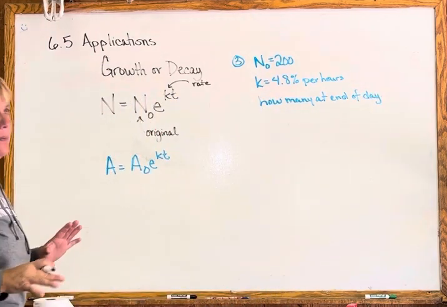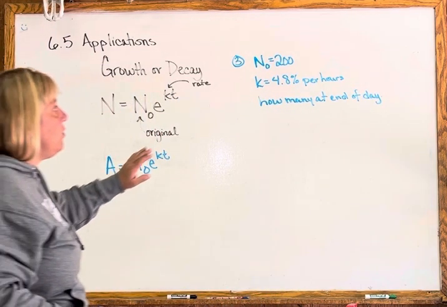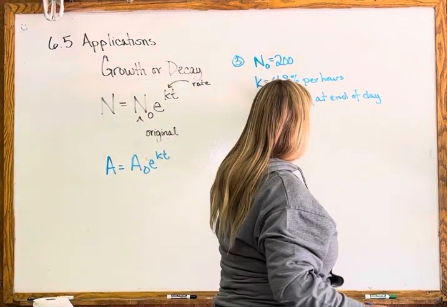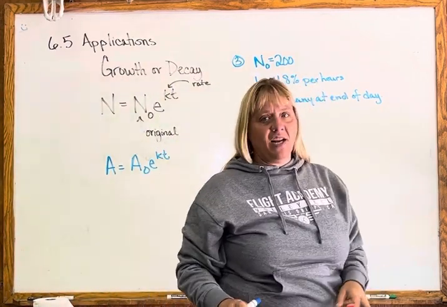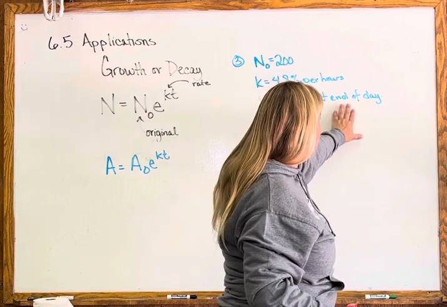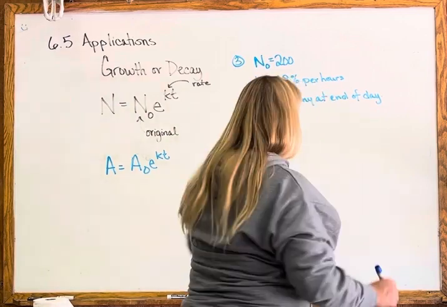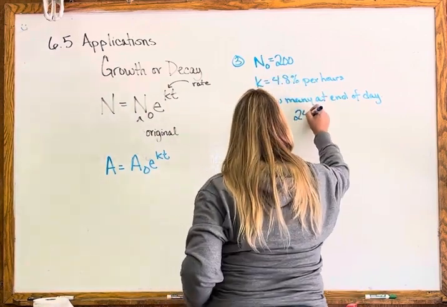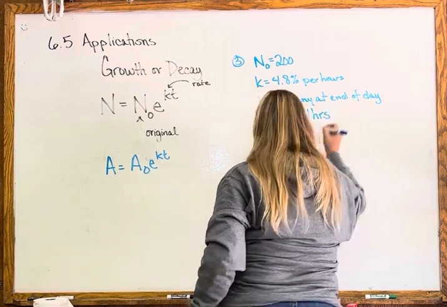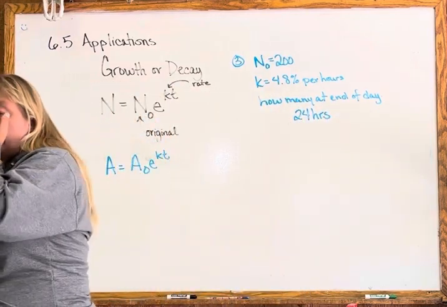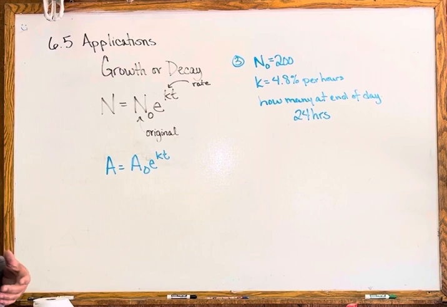They're mixing you up a little bit here. If the growth rate is in hours, everything else has to change to hours, okay? So even though they said end of the day, we're going to change that into hours, so we're actually looking at 24 hours. When you're dealing with the bank, it's always yearly, but here we have to be very aware that they're going to mix it up a little bit on us.